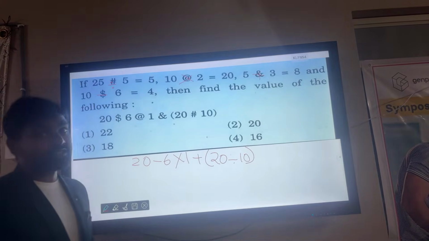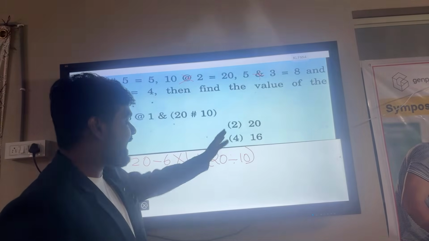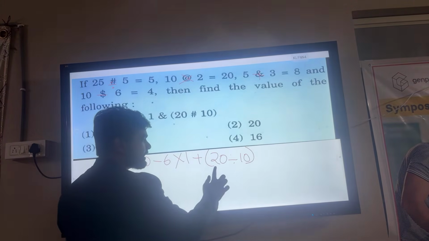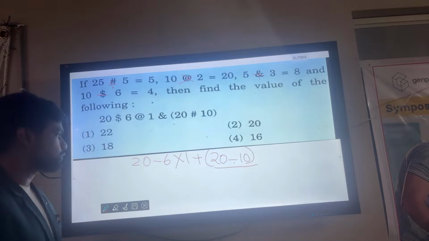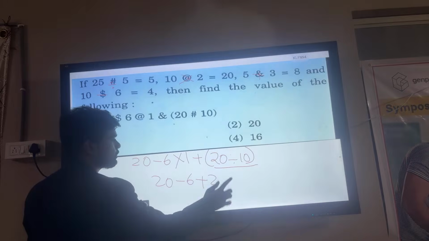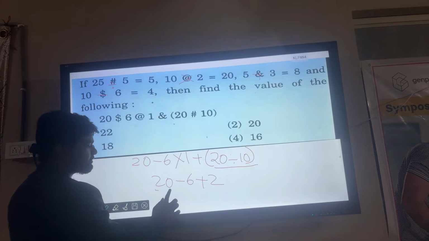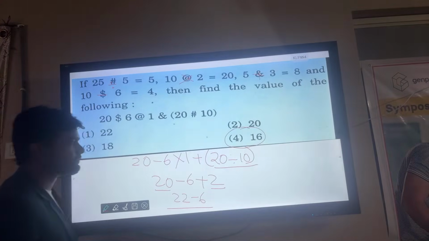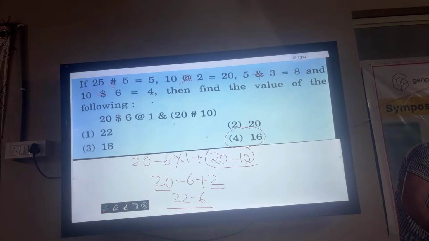As per the BODMAS rule, first you have to solve the bracket. In the bracket, 20 by 10 is nothing but 2. So 20 minus 6 plus 2, the answer is 16.